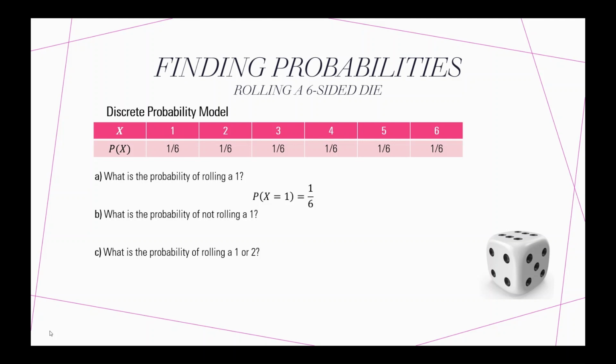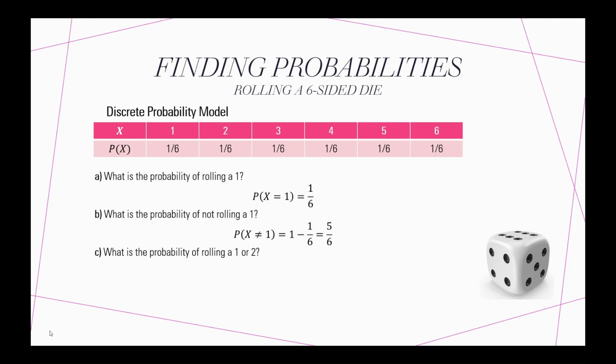But another cool way to think about this is all these probabilities need to add up to one. So if the probability of rolling a one is 1/6, then the probability of not rolling a one should be one minus 1/6, which will be 5/6. But you could think about that one either way.